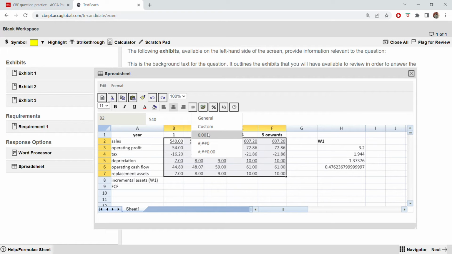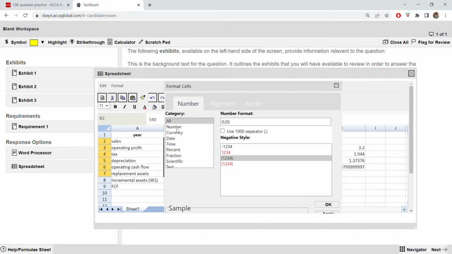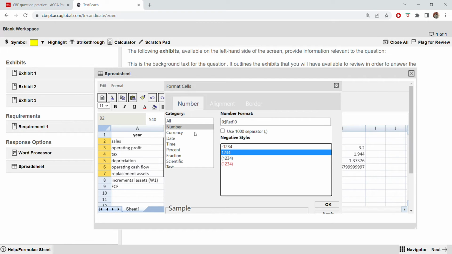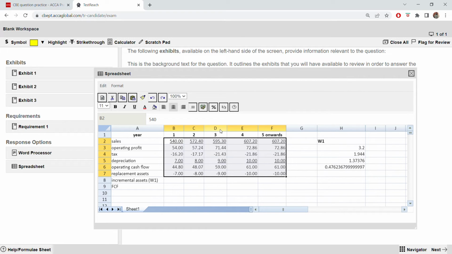It is showing into 2 decimal places, but if you want 1 decimal place, format cell number. Okay, we'll leave it to 2 decimal places. There is no harm in that, because if you want to round up to 1 decimal place, there is a formula called round, put the number, then comma, and how many decimal places you want. That also you can do, but let us leave it now. That's not very important right now.